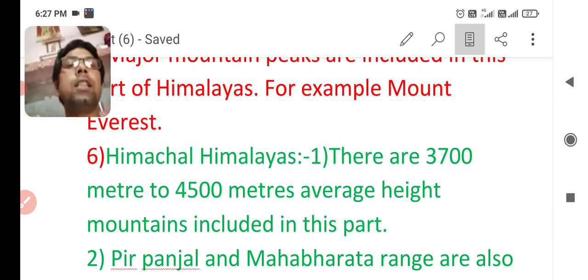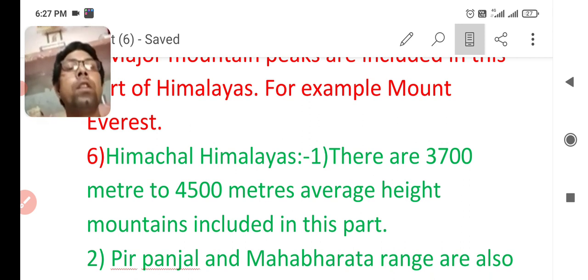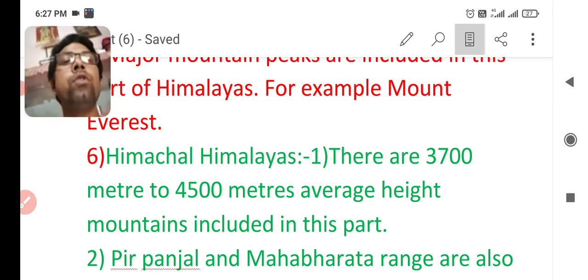Next point, sixth point of today's subtopic, Himachal Himalayas. There are 3,700 meter to 4,500 meter average height mountains included in this part. It means the middle Himalayas or Himachal Himalayas are lesser than the Himadri.